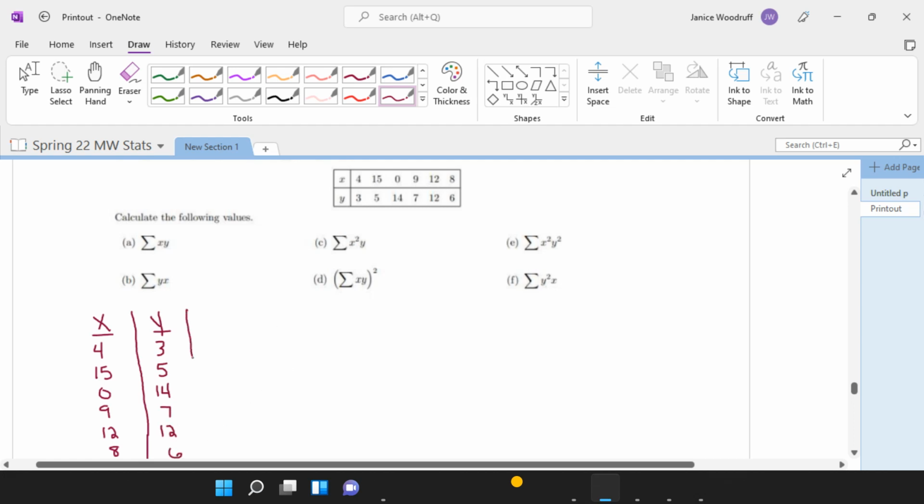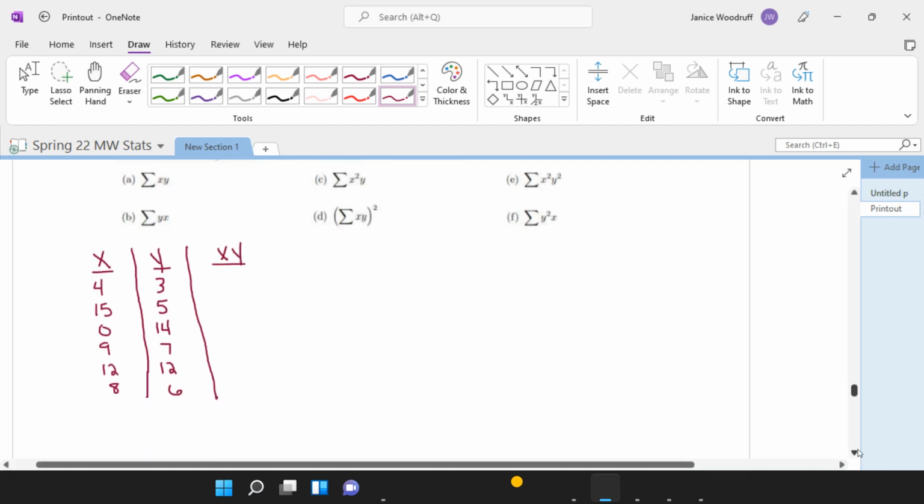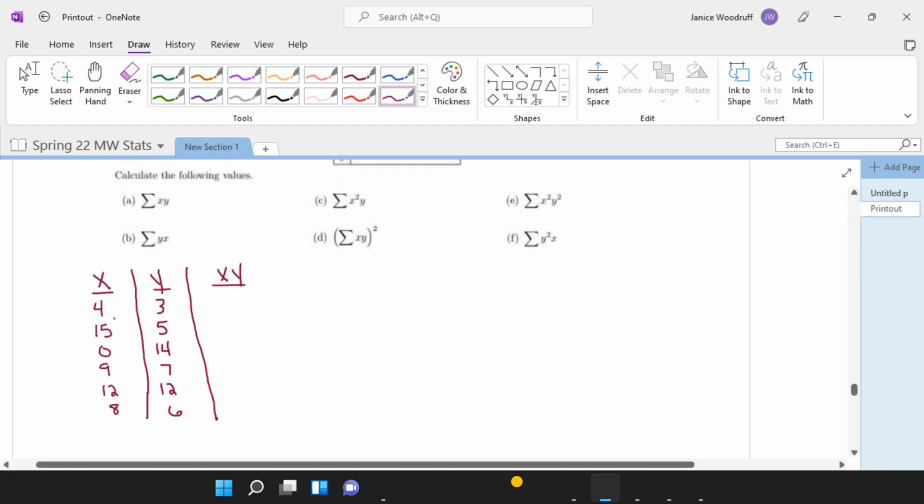So then we could make another column for x, y. So we multiply these. So that would be 4 times 3, 12. 15 times 5, 75. 0 times 14, 0. 9 times 7, 63. 12 times 12, 144. 8 times 6, 48.